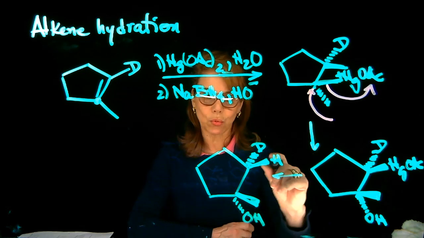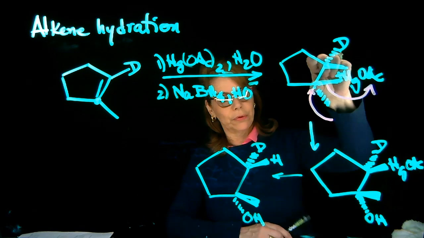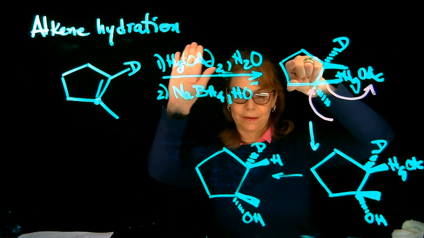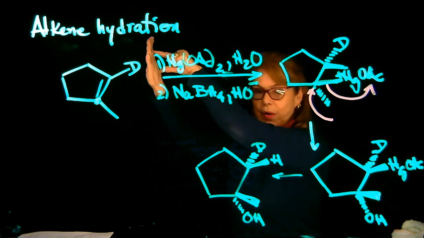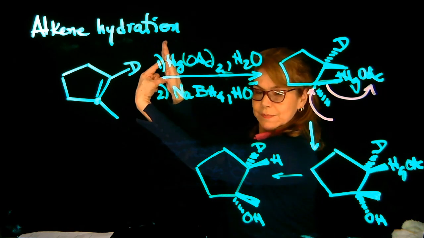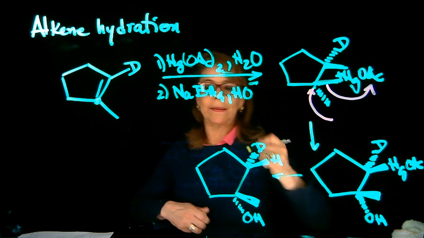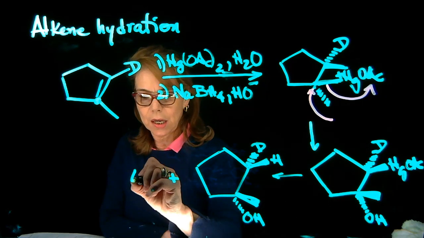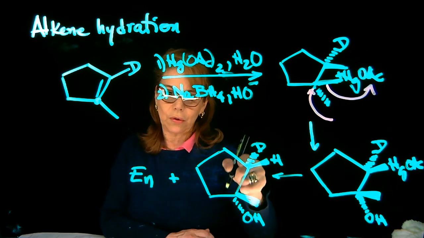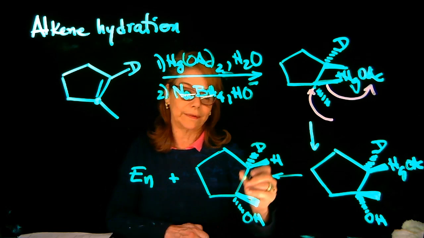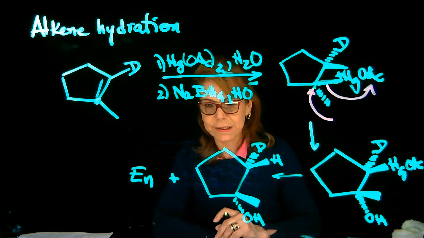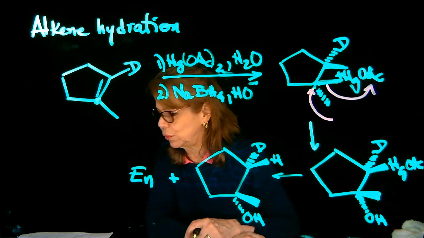And since we can form the mercurinium ion above the plane of the molecule, or below, we can have that also in dashes. So we will make this plus the enantiomer, in which, of course, the configuration of the two chiral centers will be inverted. So that is how you would make the products.